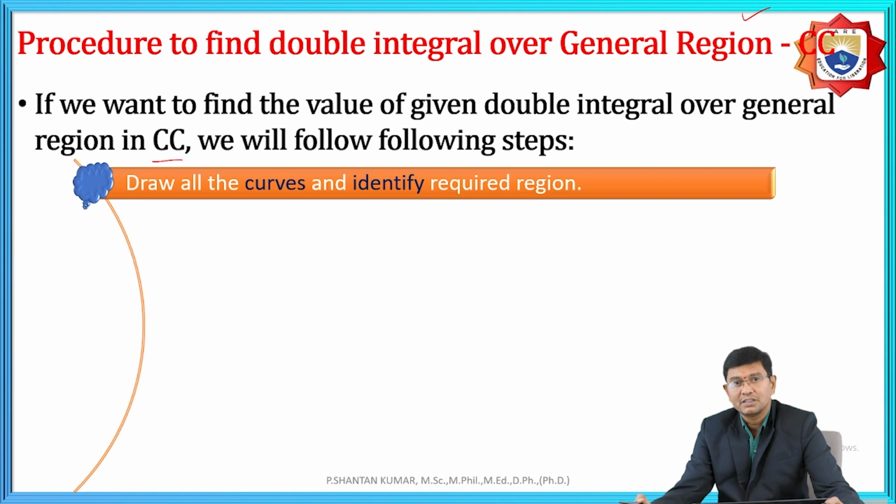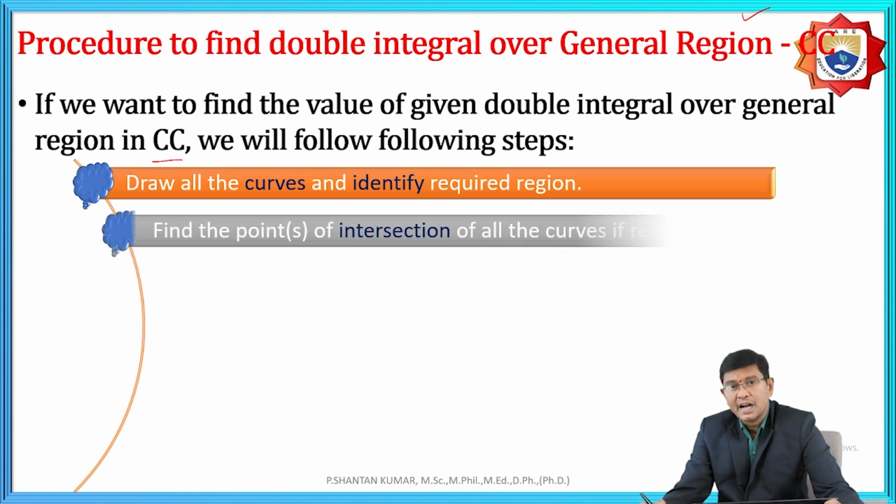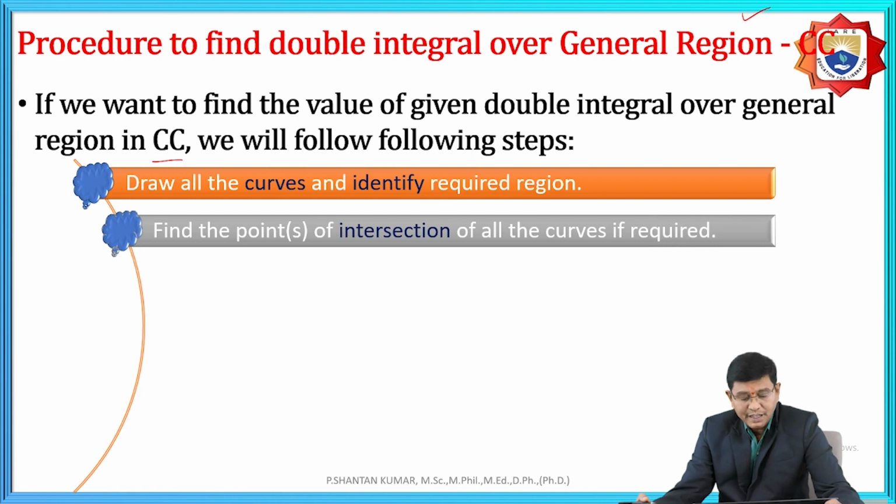These are some equations of plane curves. Based upon the given equations, we need to draw all the curves and identify the required region. And second step, find the points of intersection of all the curves if required.